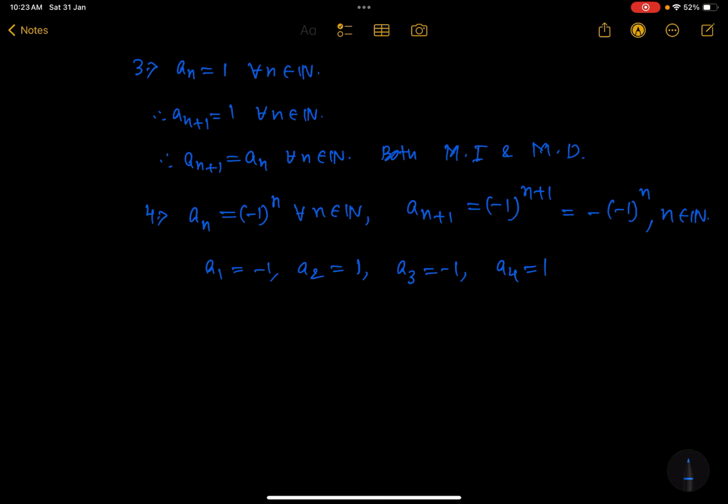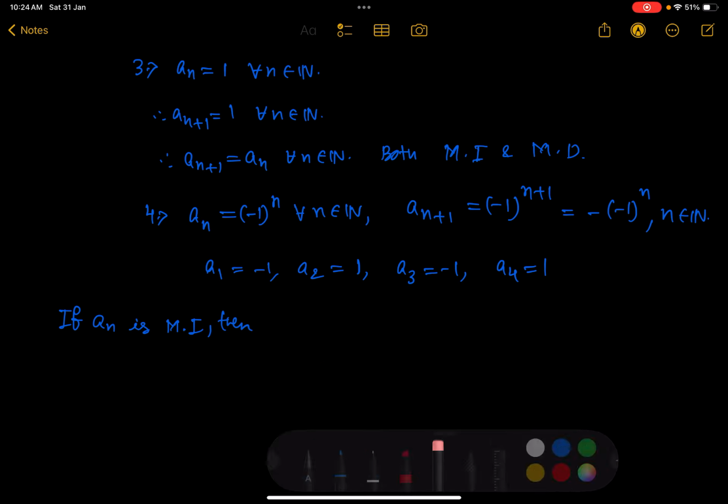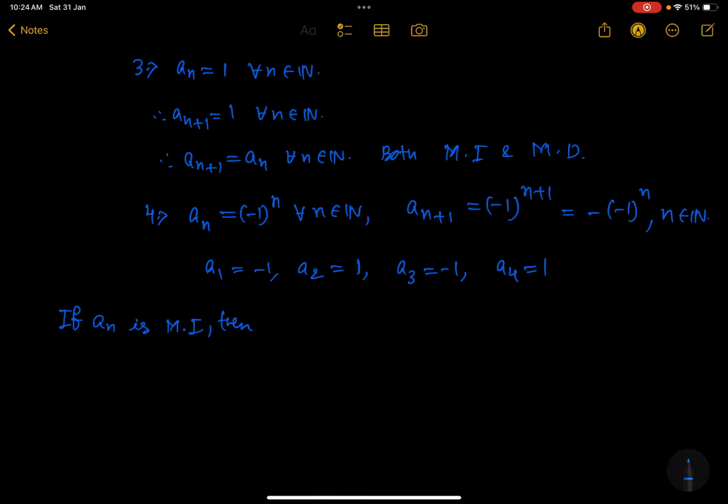If it is monotonically increasing, then a3 should be bigger than or equal to a2, but a3 is minus 1 and a2 is 1.